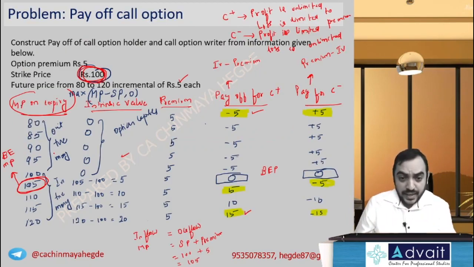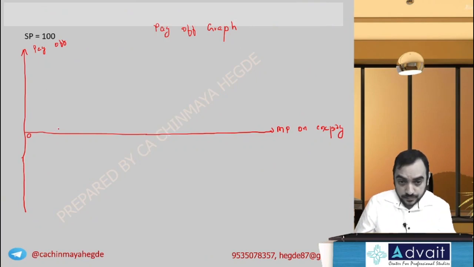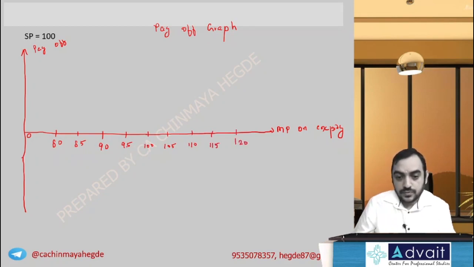Starting from 80 till 120, we have 80, 85, 90, 95, 100, 105, 110, 115, 120.